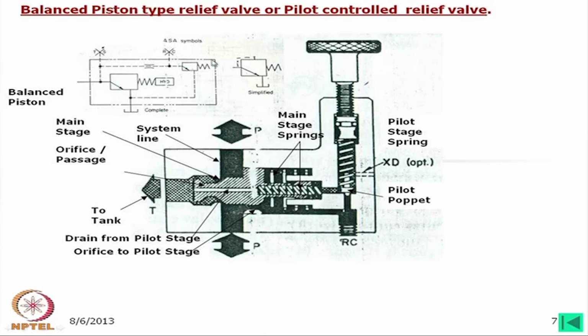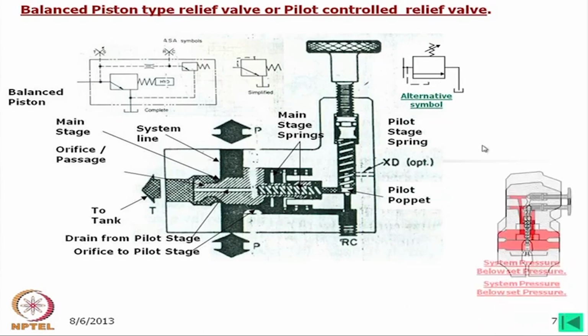This is the main relief valve, whereas this is the direct relief valve. So, this is basically a combination of one direct relief valve and another, the ball and piston relief valve. Now, the alternative symbol shown here is also used.